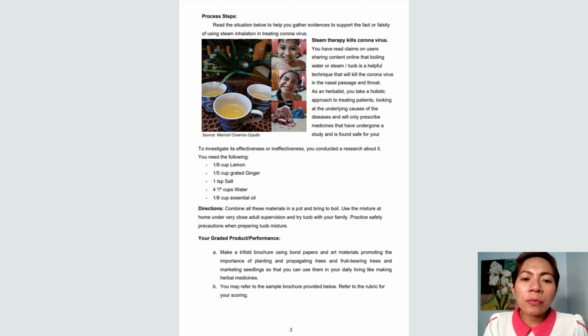Read the situation below to help you gather evidences to support the fact or falsity of using steam inhalation in treating coronavirus. So these pictures, because these pictures are not from teacher Cyril's collection, no, from herself, but kinuha niya from a source. So you need to indicate, no, yung source. From Maricel, si Huda.